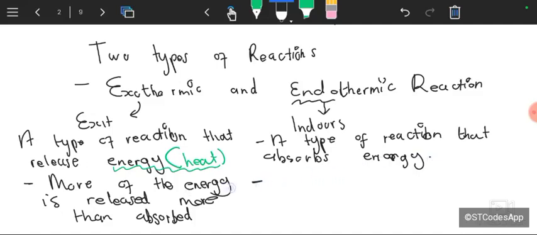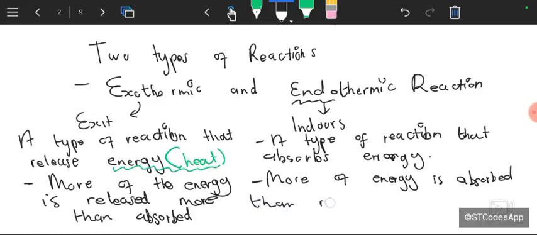Now, if here we say that more of the energy is released than absorbed, it means here more of the energy is actually absorbed than released. Here we release more than we absorb. In the endo, we absorb more than we release.